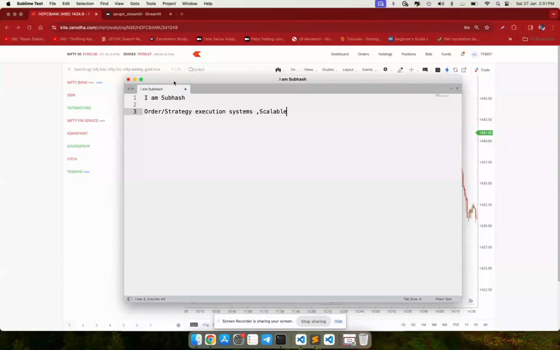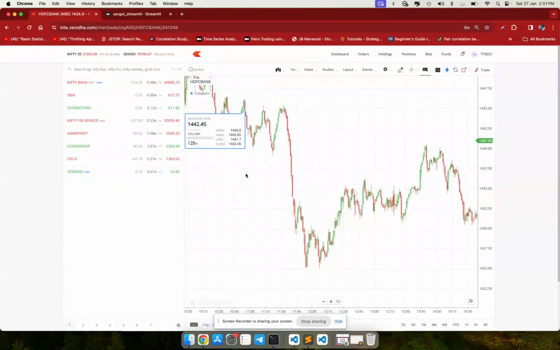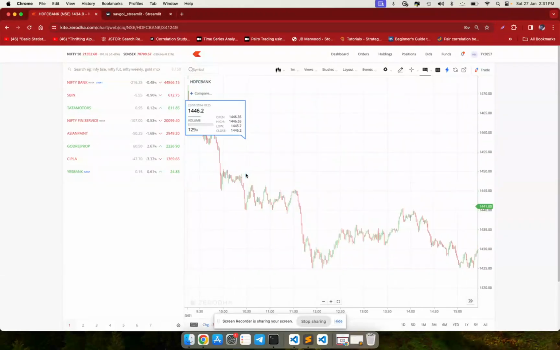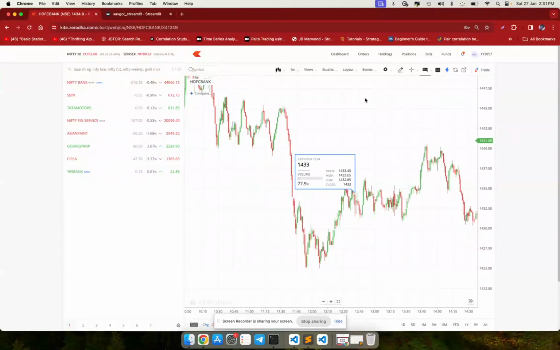It's a breakout system that we find in the market, a pattern that we see as traders. We see breakouts happening like this every now and then, and I don't know how many of you have designed a system that can be traded like this. So this is an HDFC chart, and the breakout that I'm talking about is this.